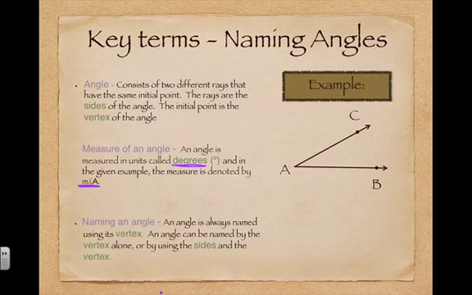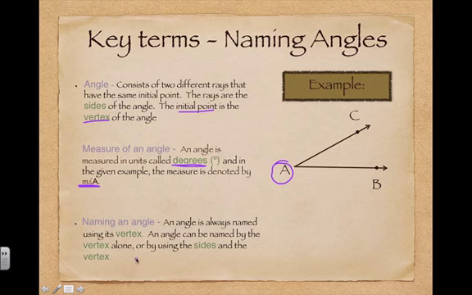Well, naming an angle, we always use the vertex, no matter what. Now we can use more than just the vertex, but the vertex has to be used. And remember, the vertex is your initial point of those two rays. So we called this angle angle A. But we can also name an angle by using the sides as well as the vertex. If we do that, the vertex has to be in the middle.